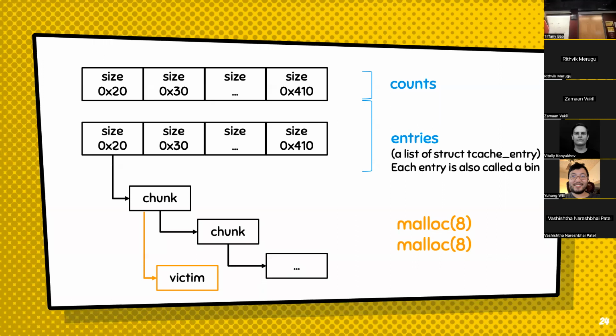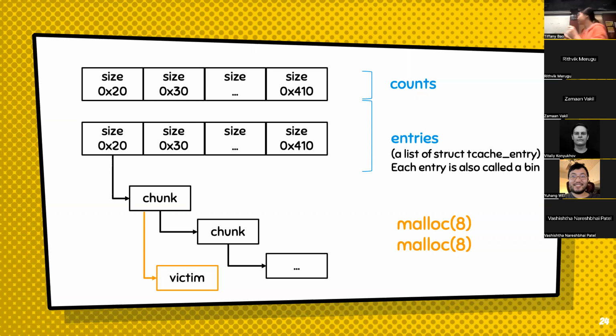So you put the address of the GOT table as the victim, so that by the time you call malloc for the second time, this victim will be returned to you. So you will get a pointer that points to the GOT table entry, and at that point you will be able to write a value there.